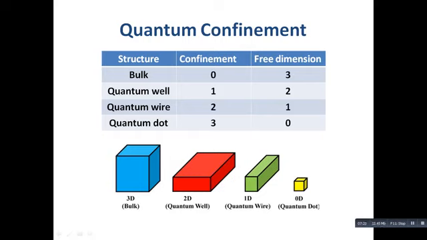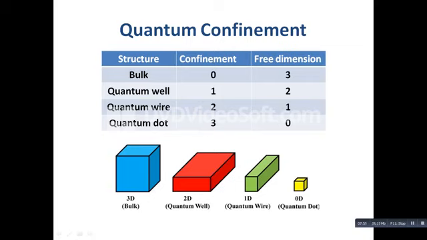Suppose this charge carrier, which may be either an electron or a hole, cannot move along any direction. This is the height, this is the breadth, and this is the length. So this charge carrier is confined to move along length, breadth, and height. And if we consider the structure to be a cubic structure, in other words, the particle experiences three-dimensional confinement, and therefore it has zero free dimensions.